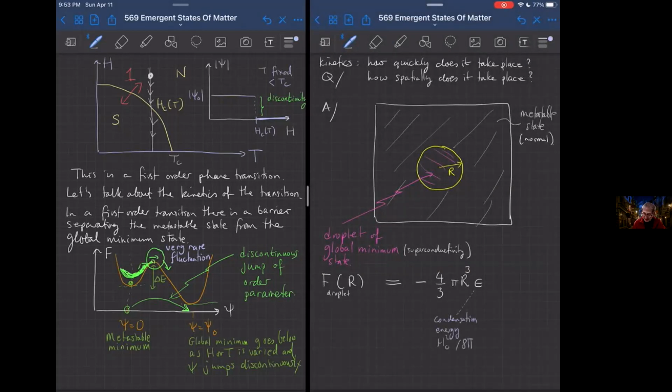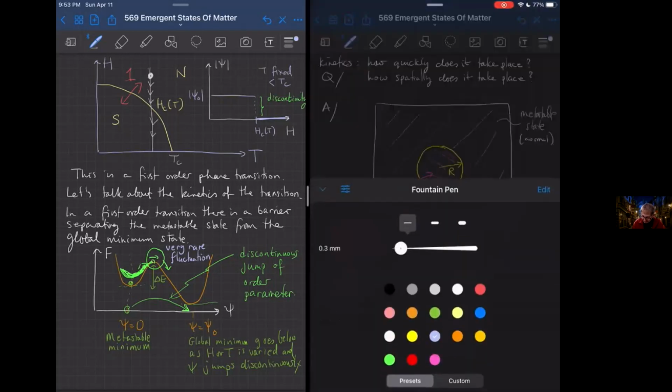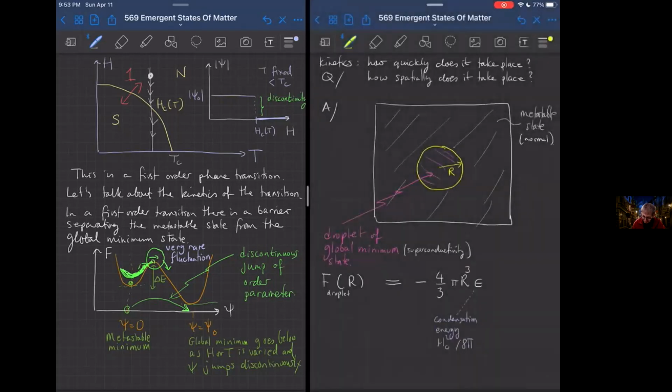But then there's also a domain wall here, and that domain wall also costs energy. So there's a plus that comes in here, and that comes from the surface. If it was planar, it would be a domain wall. It's just the surface area of the sphere, so this is 4 pi r squared times the surface tension.